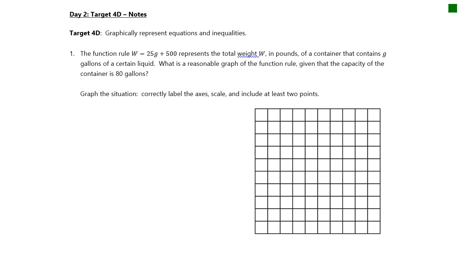Alright, here comes the best part of target ordinate note. Nothing new, so don't freak out. This is what we did in target 3D graphs. It tells you the function rule W equals 25G plus 500 represents the total weight, in pounds, of a container that contains G gallons of a certain liquid.